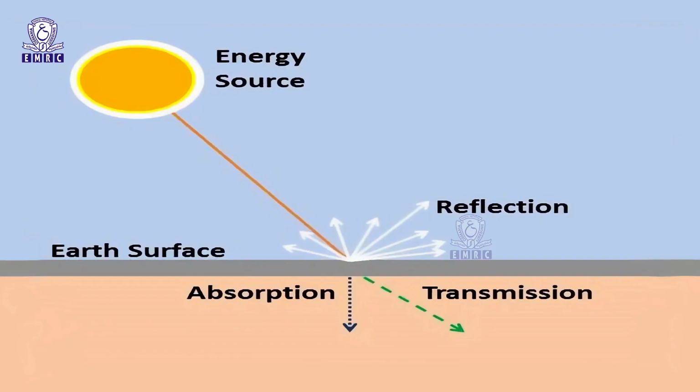The signal received by sensors is a combination of both processes, that is, surface and volume scattering. The transmission of radiation occurs when the radiation passes through a substance without significant attenuation. The ability of a medium to transmit energy is measured as the transmittance, and it is defined as the ratio between the transmitted radiation and the incident radiation.